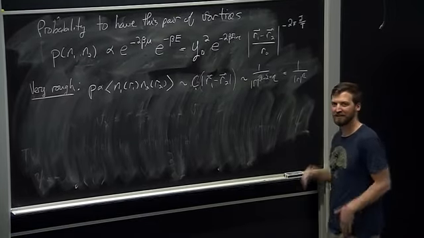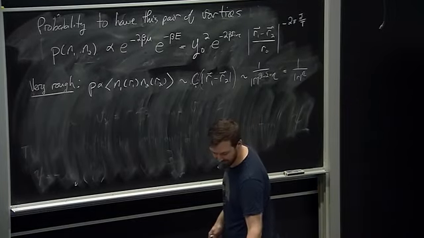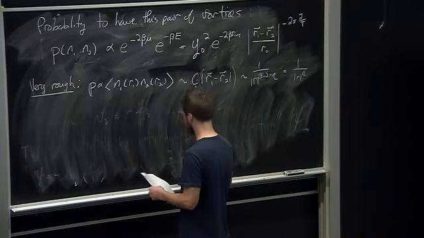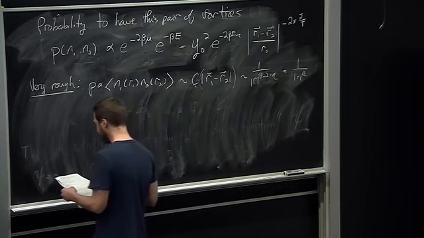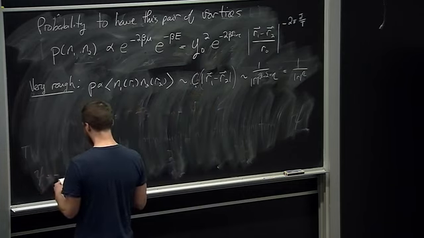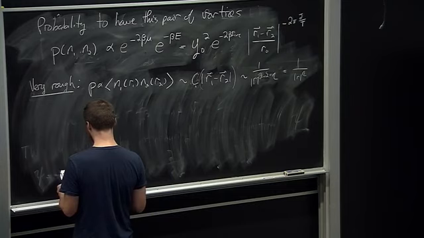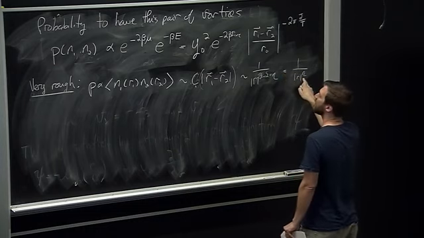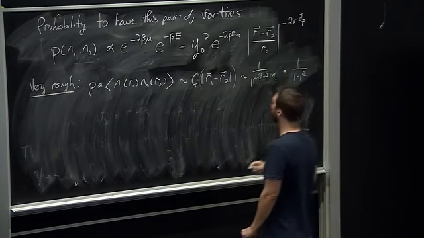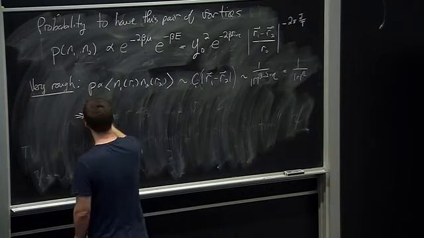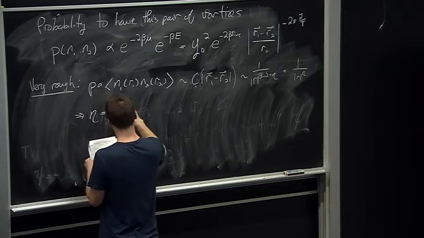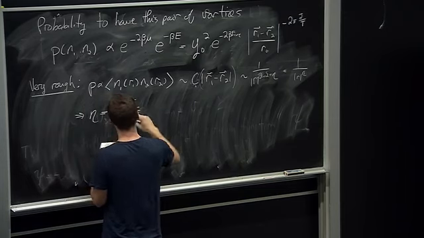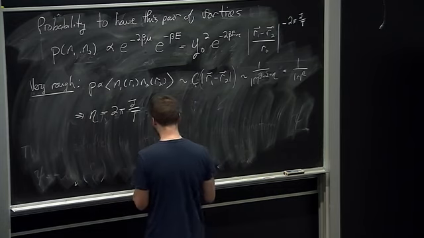So this is the rough thing that I can do in 5 minutes, which isn't actually very rigorous. This relates my eta to the argument of that probability, or that 2-point function.